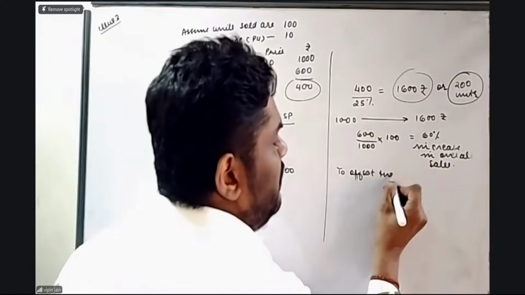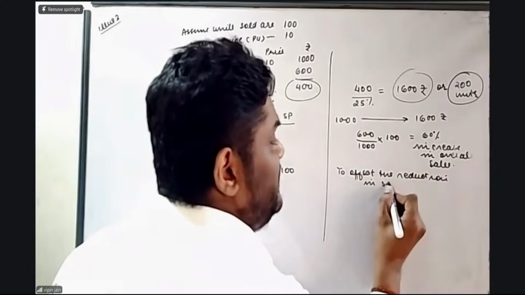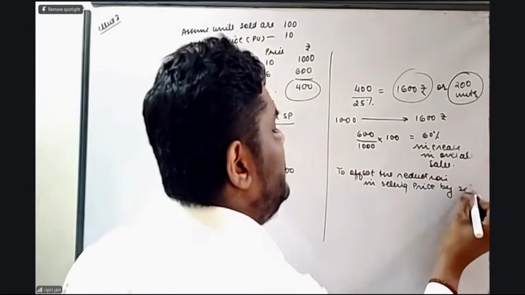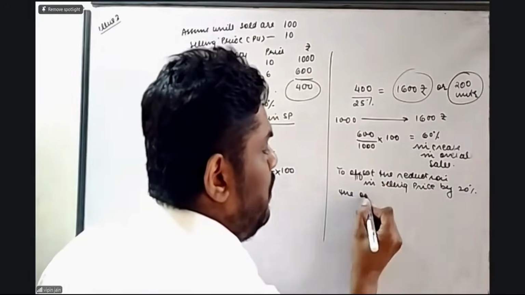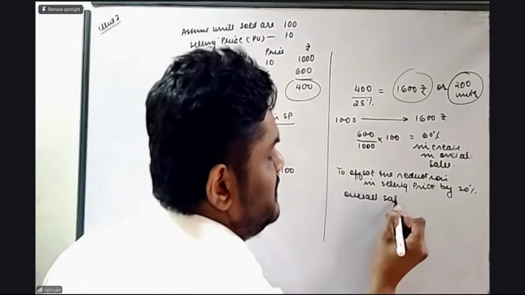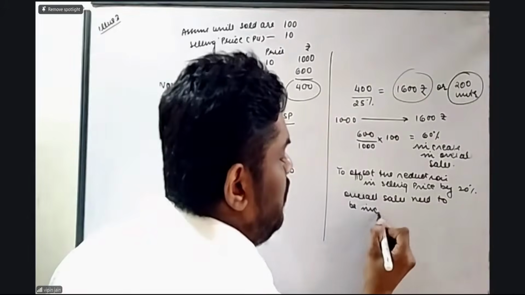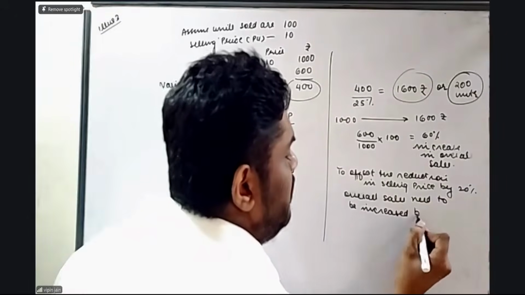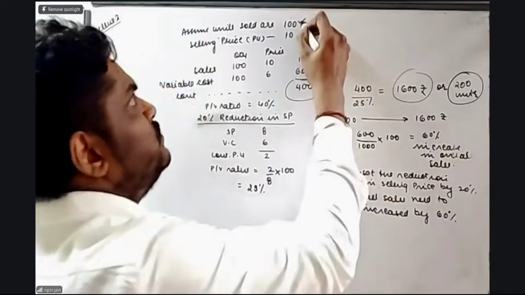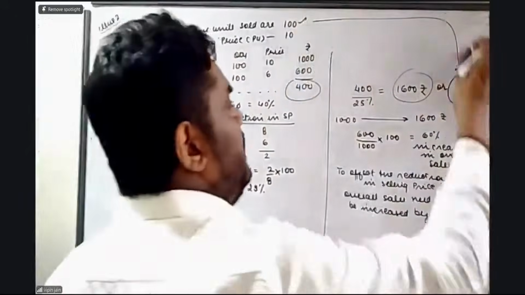To offset the reduction in selling price by 20%, the overall sales need to be increased by 60%. And sales quantity: earlier my quantity was 100, now my quantity is 200.